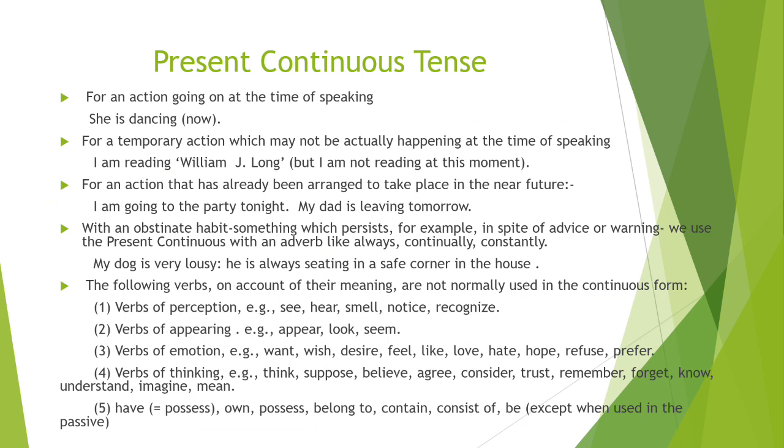So this is how verbs of perception, appearance, emotion, thinking, or possession give sense. We never say I am having a car, we say I have a car. We never say I am supposing. I suppose is the correct use of the tense. So do remember, while using these perception, appearance, emotion, thinking or possession verbs, do not use present continuous tense.